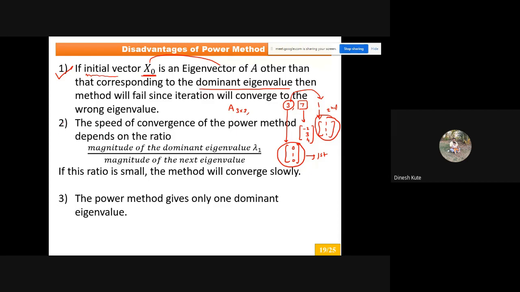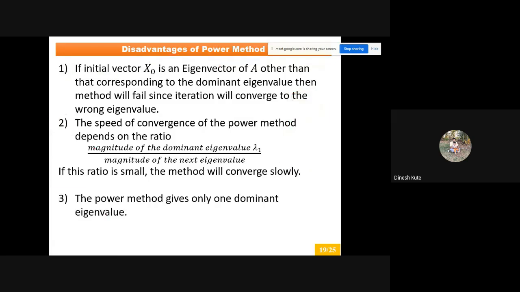Next, as I already told you, the convergence depends on the initial vector and also on the eigenvalues of the given matrix. This is one of the important tools from which you can at least guess the convergence of your power method.